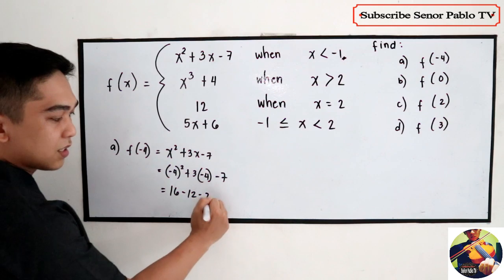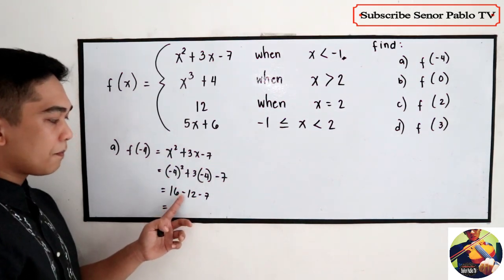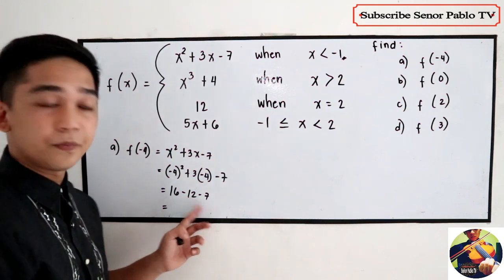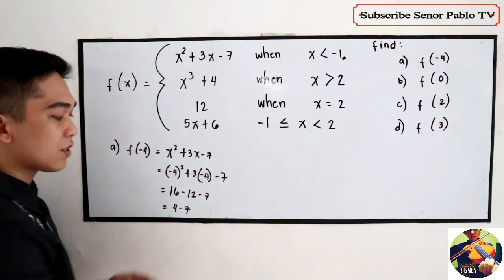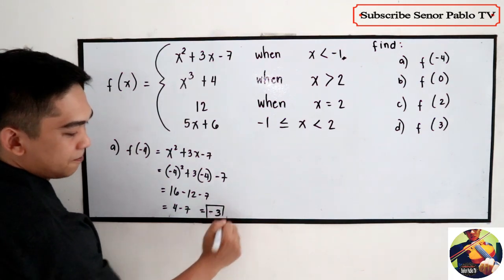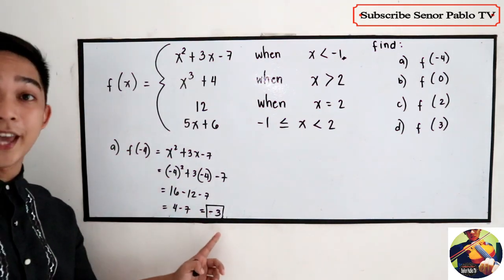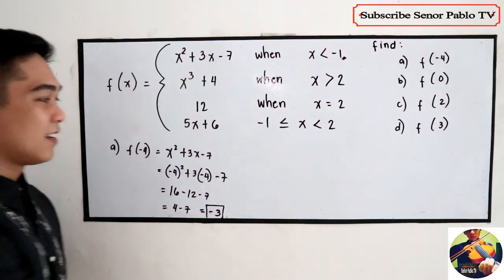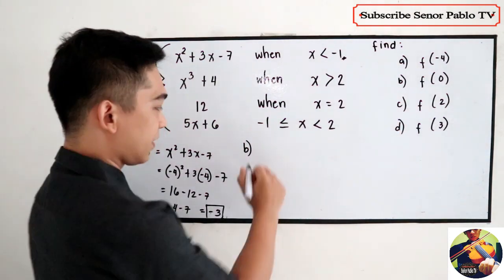Then copy minus 7. 16 minus 12, that is 4 minus 7. Then 4 minus 7 is equal to negative 3. So, f of negative 4 is equal to negative 3. Letter B, f of 0.